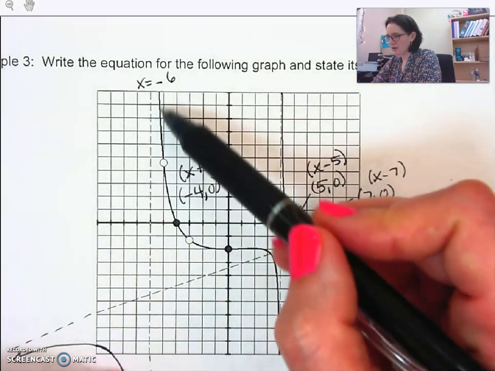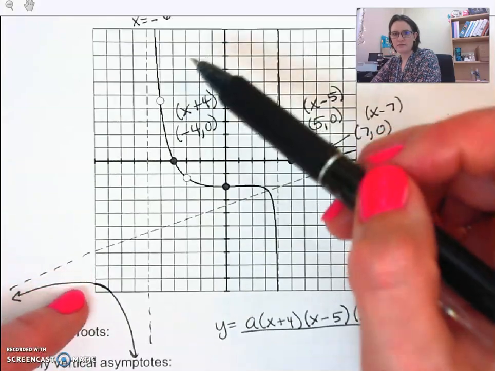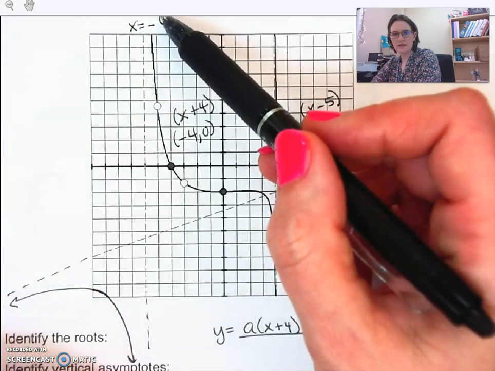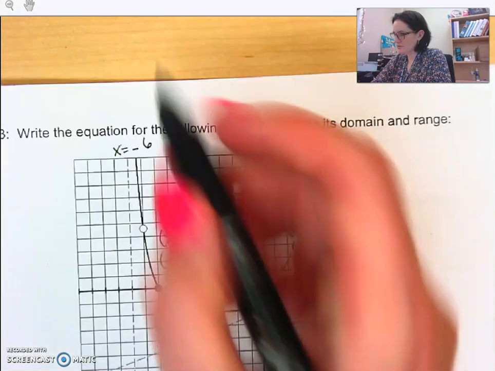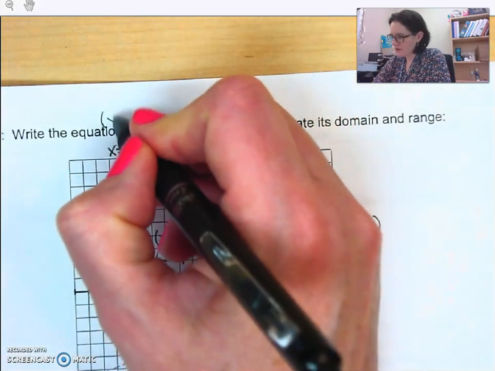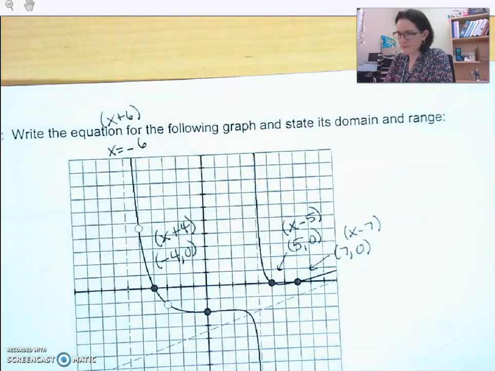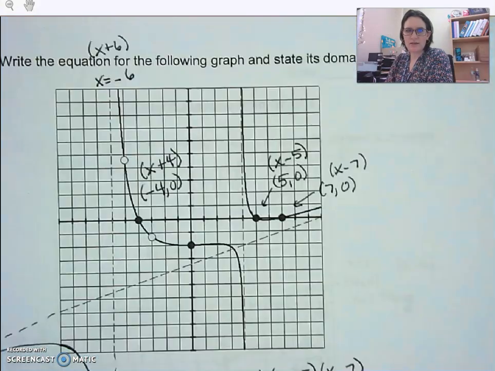So it is going apart on either side. It's going away, not together, so we do not need to square this factor, which happens to be x plus 6. So I'll put that in my denominator.